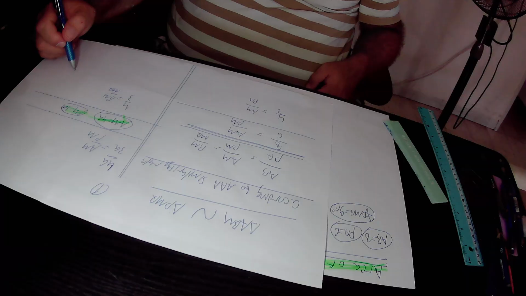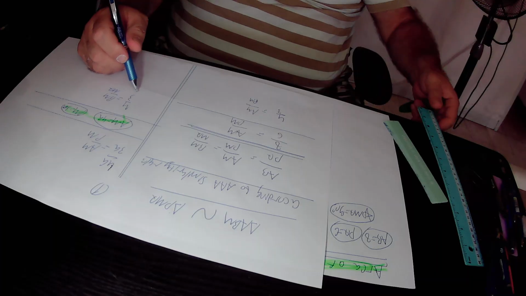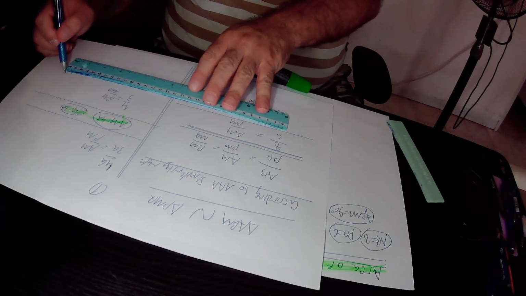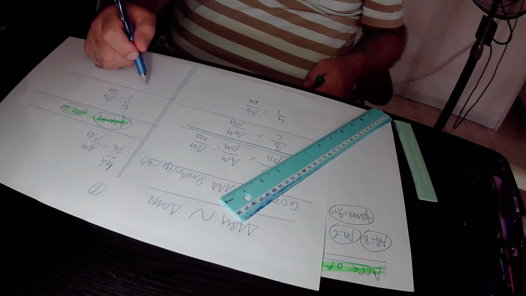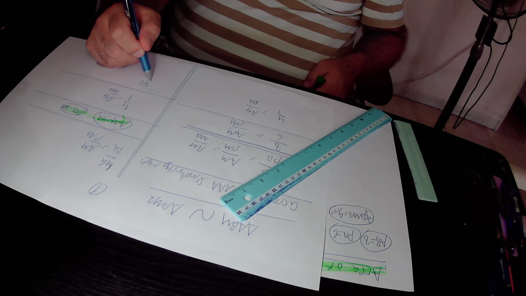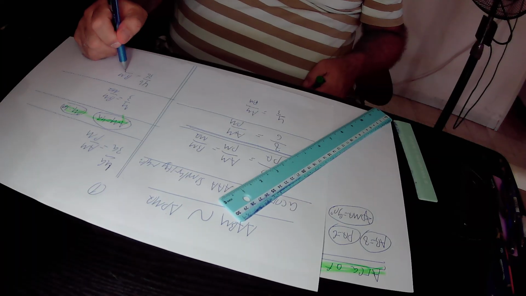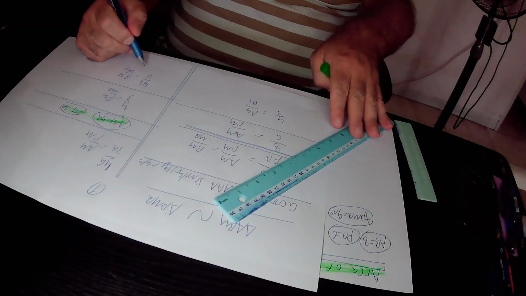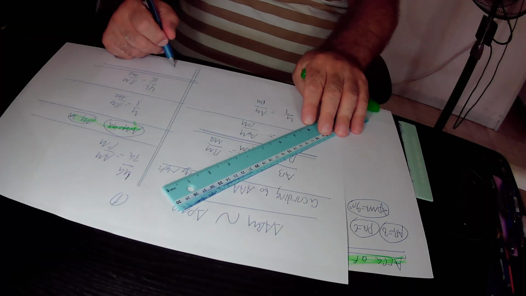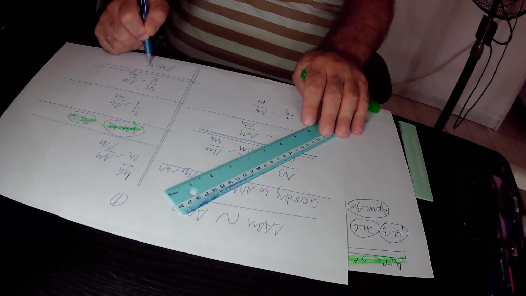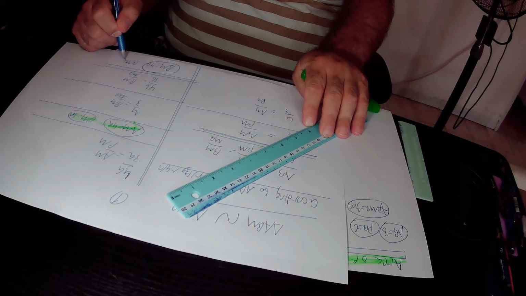Here we multiply both the numerator and the denominator of this fraction by B, and we get that 4B over 3B equals BM over MQ. What is the meaning of this equation? The meaning of this equation is that if BM equals 4B, then QM must be equal to 3B.